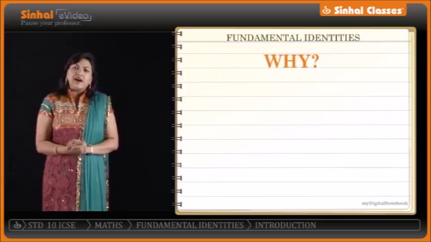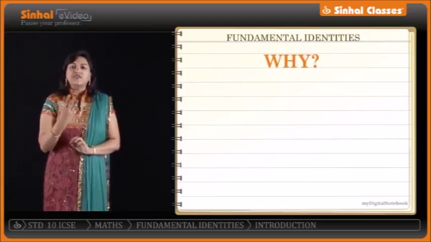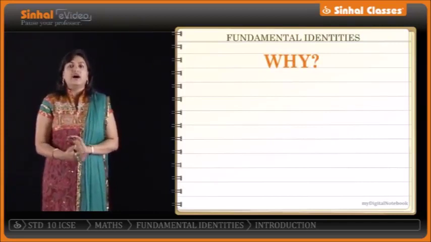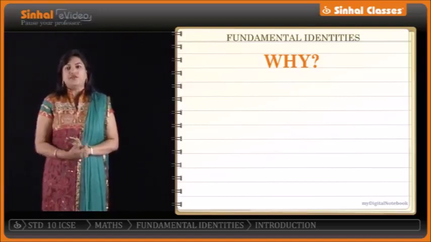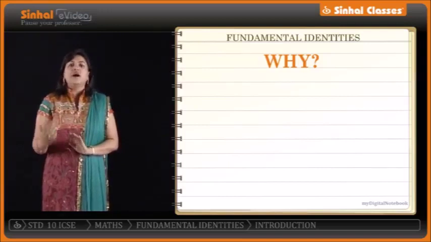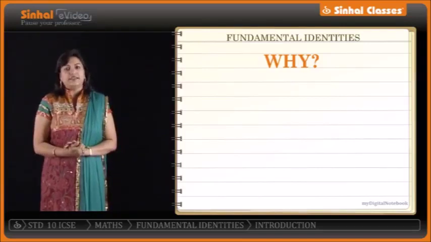But why? Why do we need these fundamental identities? The three fundamental identities are very important. Just these three fundamental identities of trigonometry allows us to prove infinite number of other trigonometric identities.